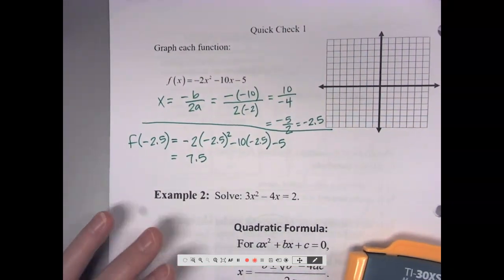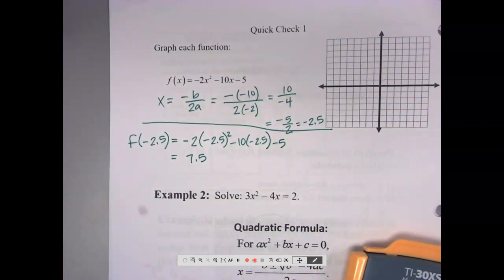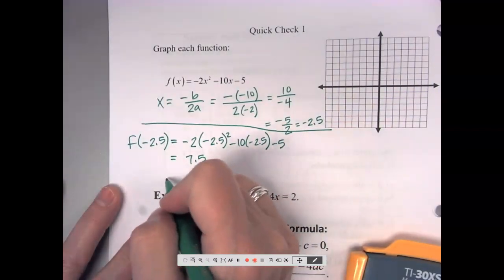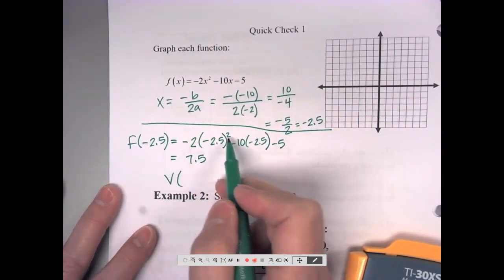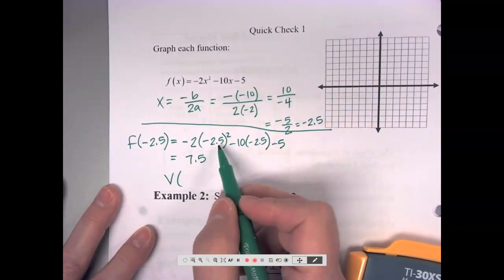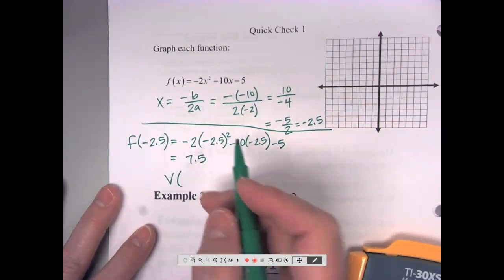Check up here and see if you got the same thing I got when you're finished. Did we get the same? Okay, if we didn't, then we need to check parentheses. The parentheses around that negative 2.5 being squared are crucial.